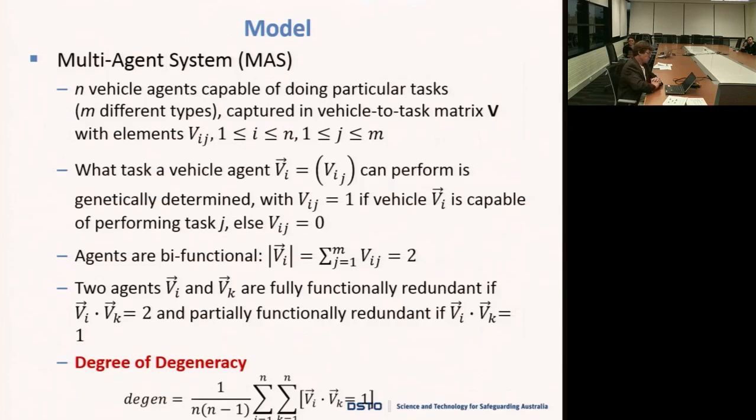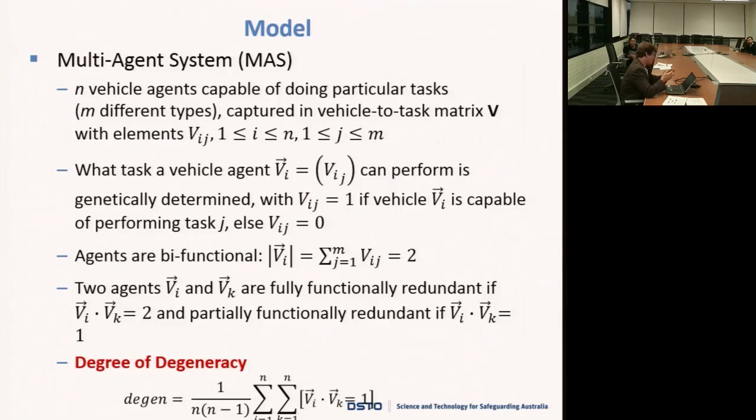The mapping that I was indicating, namely that of component to function, is captured in a matrix, which we call V for vehicle. It represents the genotype, pretty much the potential of an individual agent: what kind of tasks or functions can they perform. And we have m different function types or task types.